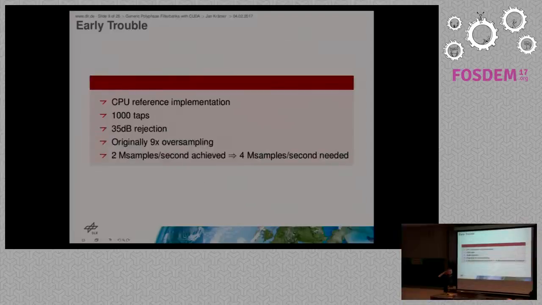I just used a 1000 taps filter, and 35 dB rejection, which might be okay, might not be okay. I did the original 9 times oversampling, and I came up with 2 megasamples per second. Well, I needed 4, so it was not fast enough.